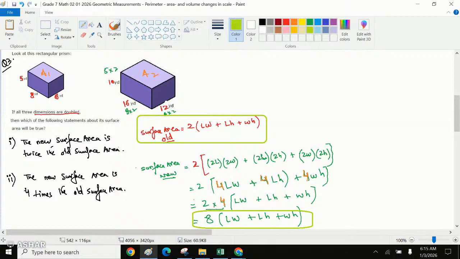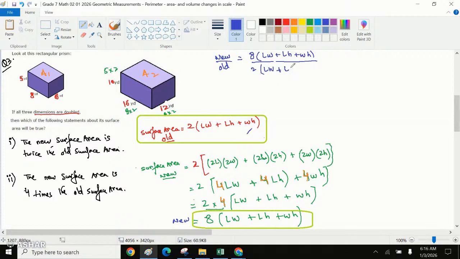Whenever we need to find the value of the ratio, we compare them. So can we write new surface area upon the old, right? This was new and this was old. So we can say 8 multiplied by length times width plus length times height plus width times height, compared to 2 times length times width plus length times height plus width times height. We're just simply copying this formula over there.